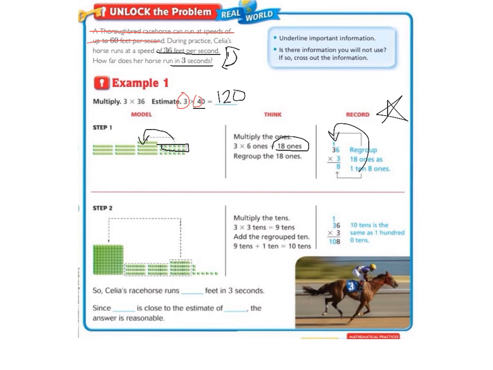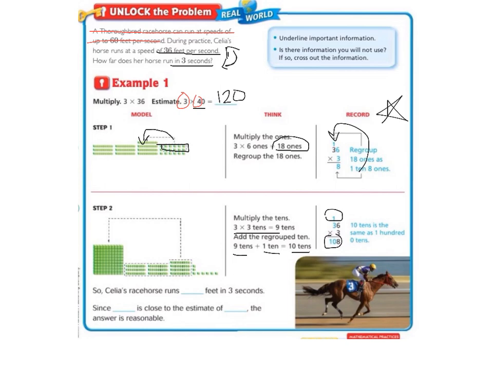And then I'm going to do the same step. I'm going to multiply the 3 times the 3, right? 3 times 3 down here is 9. And then I'm going to add the 1 that I had to regroup on top. So 9 tens plus 1 ten is 10 tens, which I write down here.